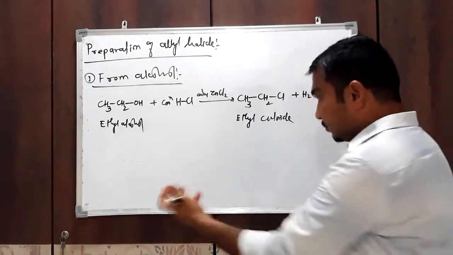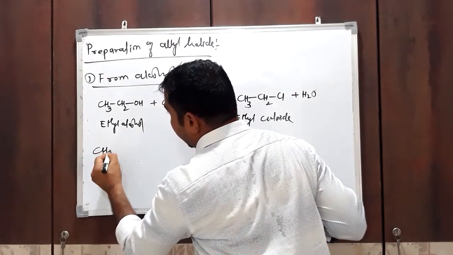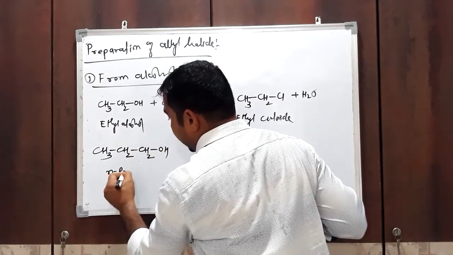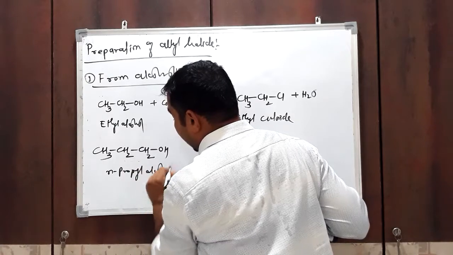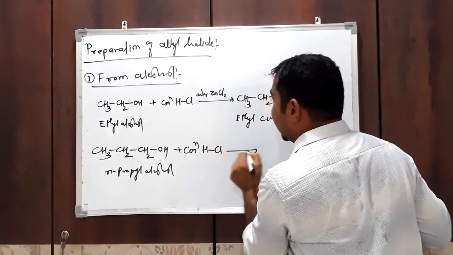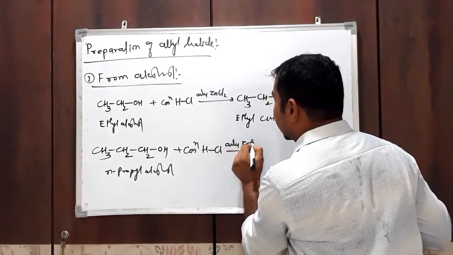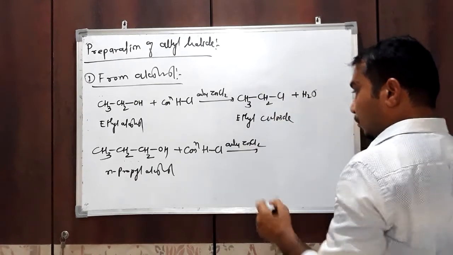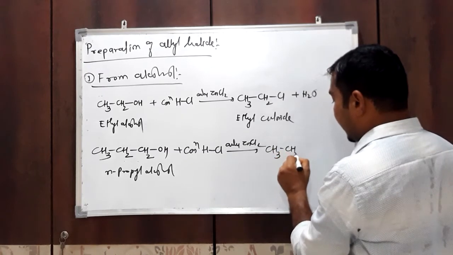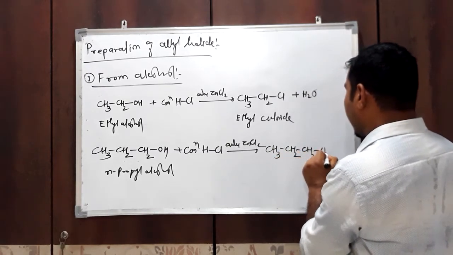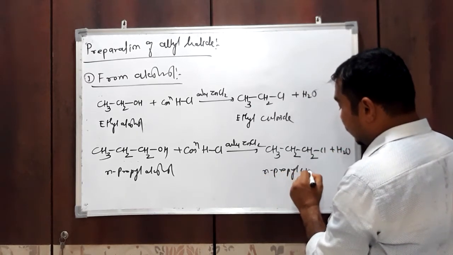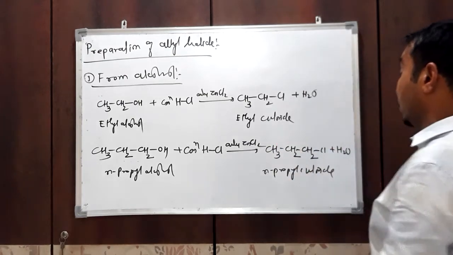Now one more example. N-propyl alcohol. Same reaction, treated with concentrated hydrochloric acid in presence of anhydrous zinc chloride, then simply replacement of OH by Cl, you will get N-propyl chloride, or 1-chloropropane.